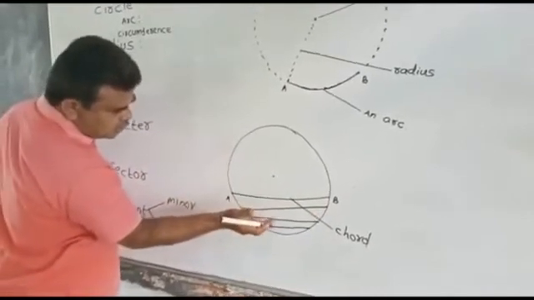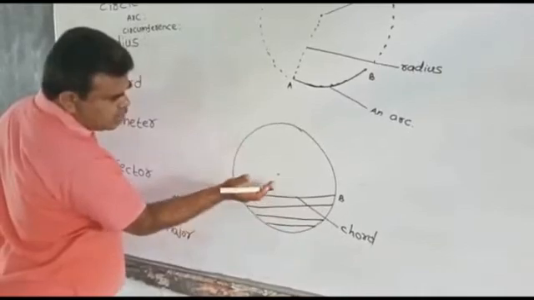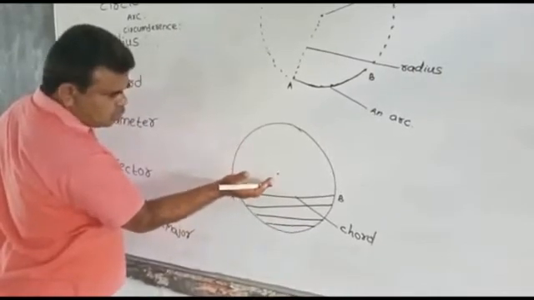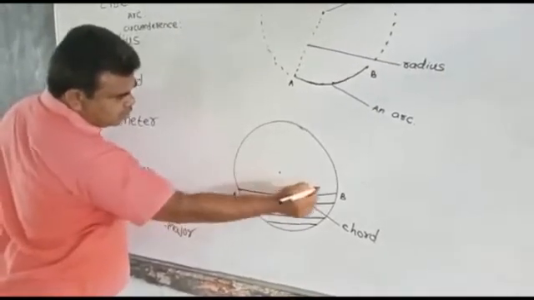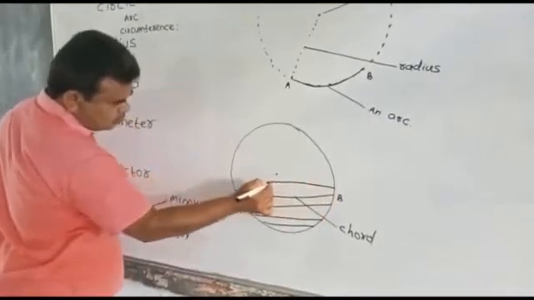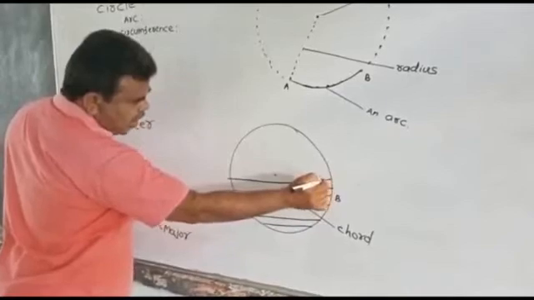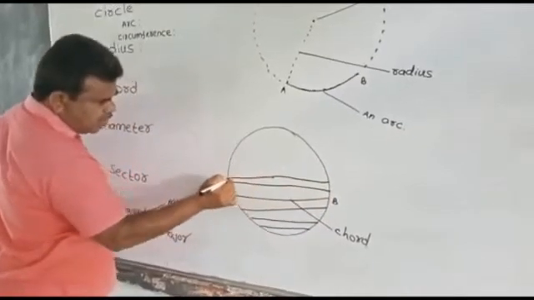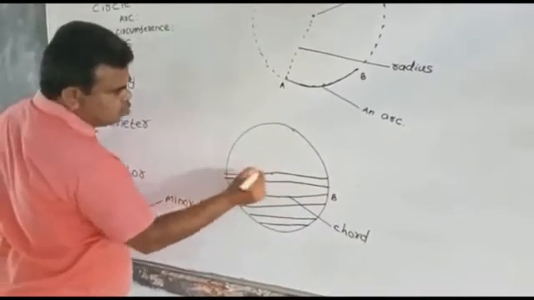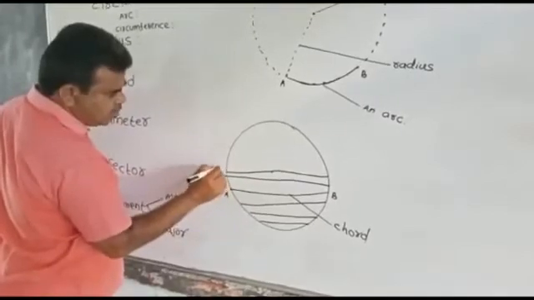This chord is coming closer to the center like this, and the one which is passing through the center is known as the diameter.